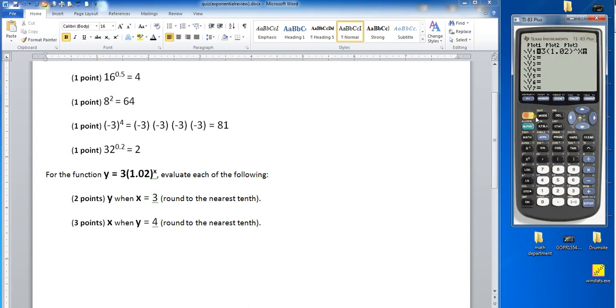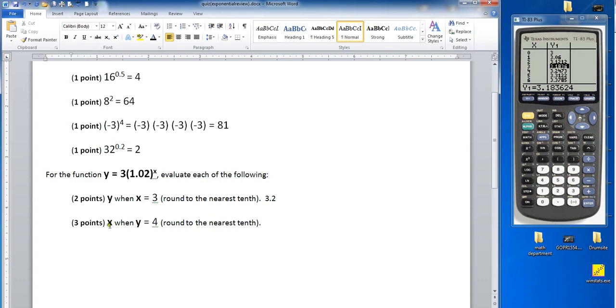And then as far as solving for y when x equals 3, this is the perfect time to use your table. So when x equals 3, y is 3.1836. I called that 3.2 to the nearest tenth.